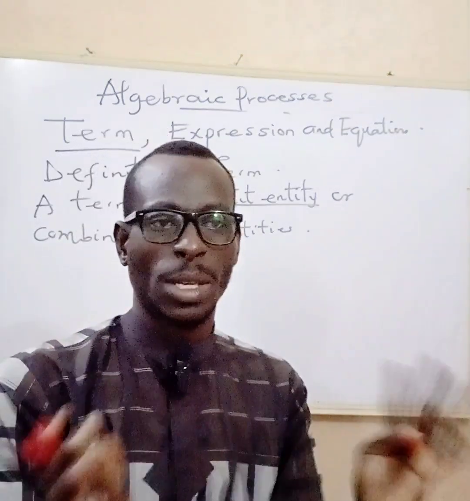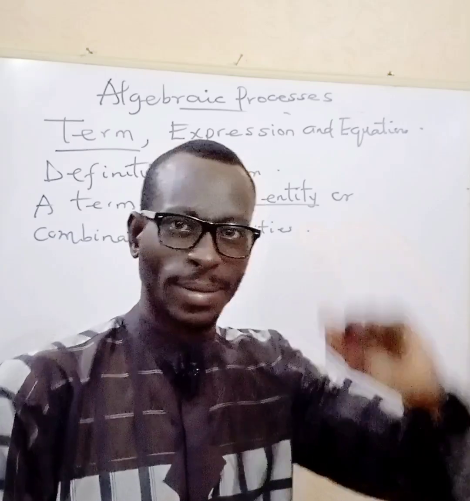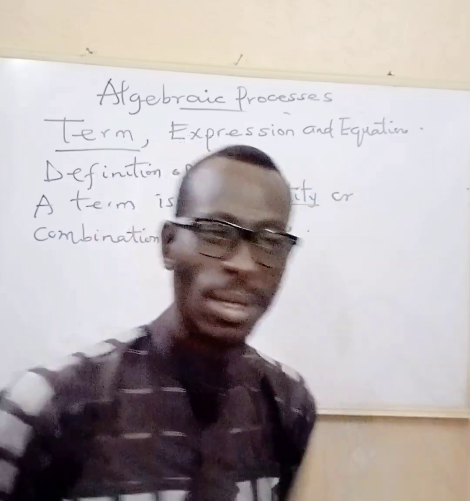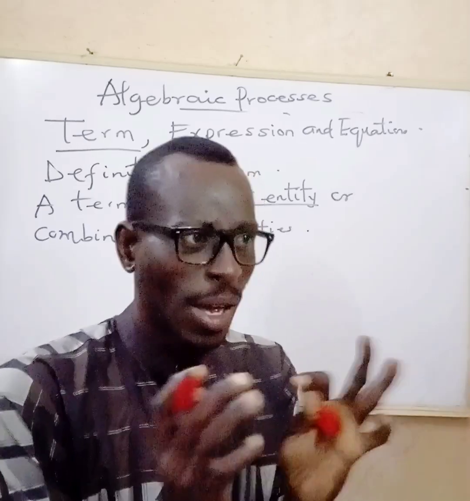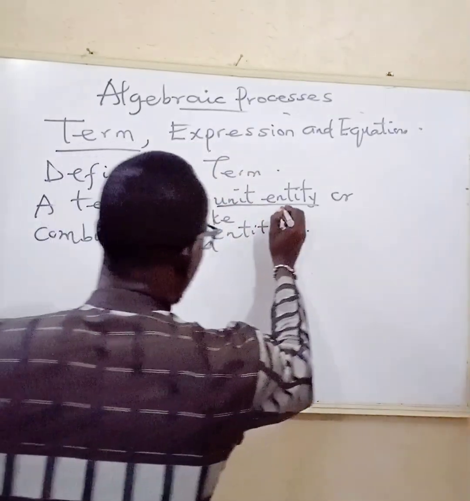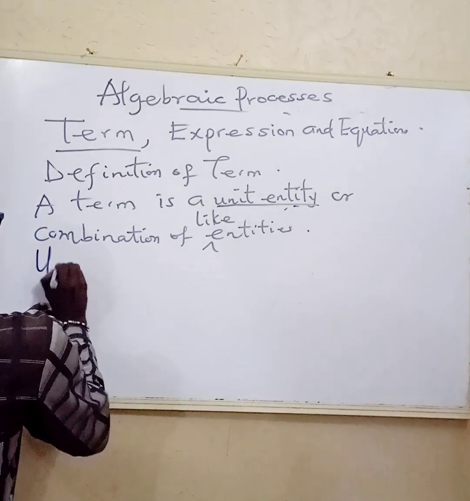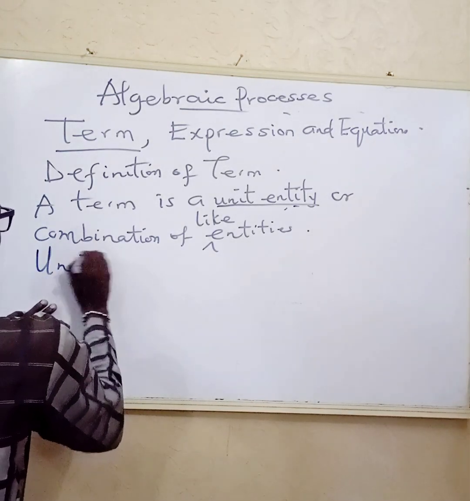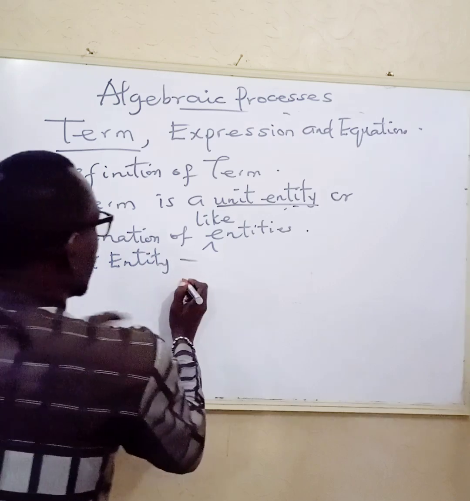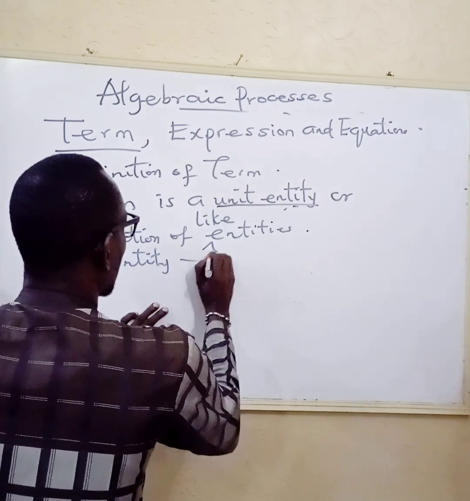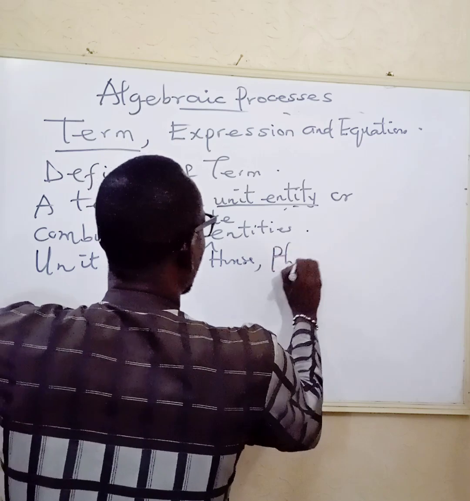it's just as if you are talking about a noun. It's a particular thing, a particular object, a particular place. Any object is called a unit object. On the normal sense, unit entity. Let's say you have your house, your phone.